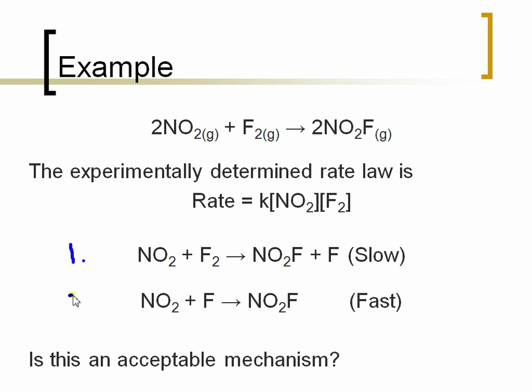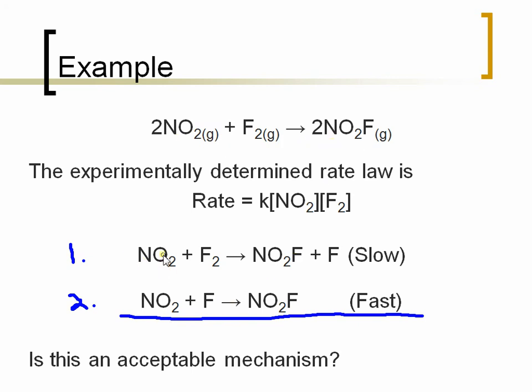So here's step 1 and step 2. And the question is, is this an acceptable mechanism? Well, we need to satisfy the first criterion, which is that the sum of the elementary steps must give the overall balanced chemical equation for the reaction. So we're basically going to use some algebra here. We're going to add these two equations together and see if it forms this.